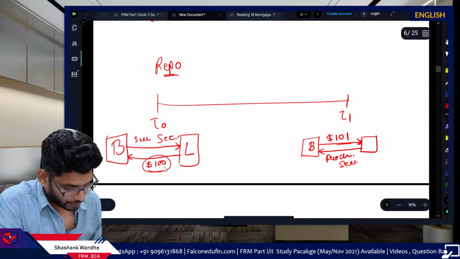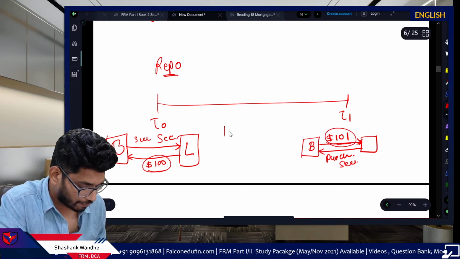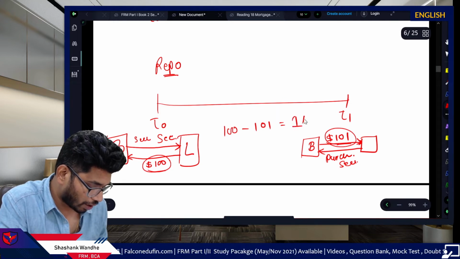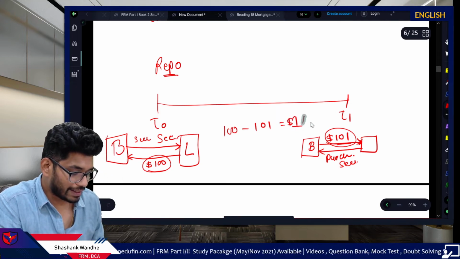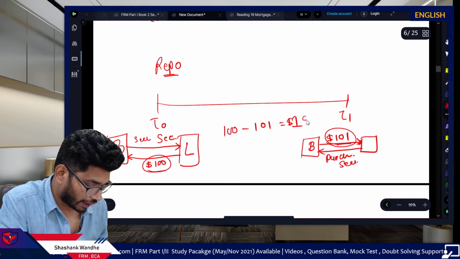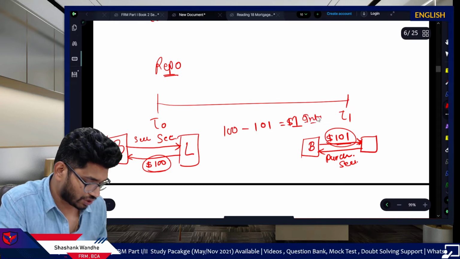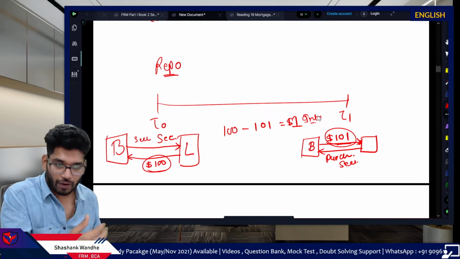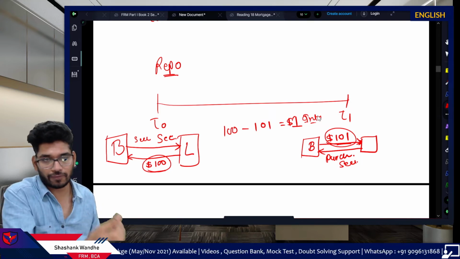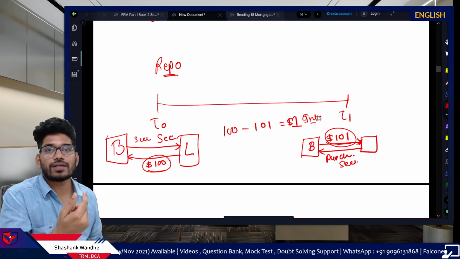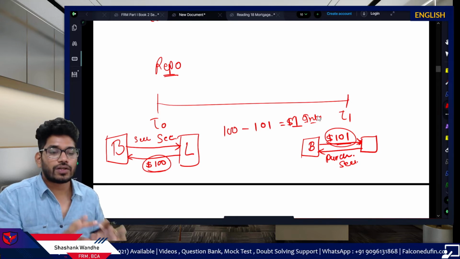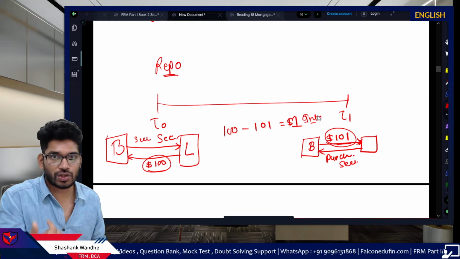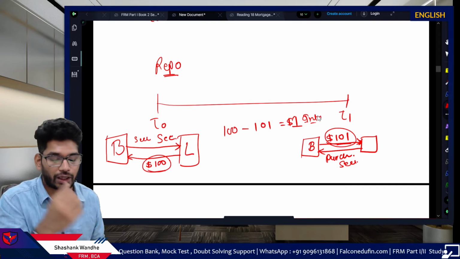So this difference of $100 and $101, this $1 is the cost of borrowing or kind of interest rate. So why is this borrower paying slightly extra for this repurchase at the time of squaring of this transaction? Because he borrowed the funds, right? So this is repo transaction. Repo transaction works in the form of purchase or sale of the collateral or the security.